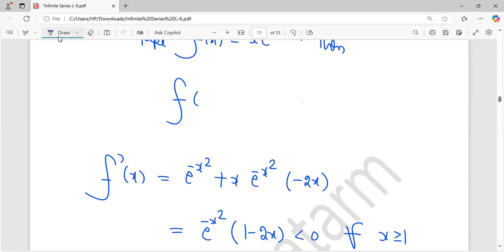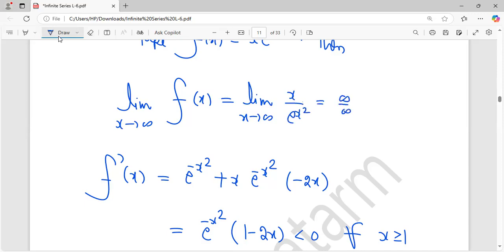So what is the limit of f(x) as x tending to infinity? This is limit x tending to infinity x upon e to the power x squared. So this is infinity upon infinity form, indeterminate form.